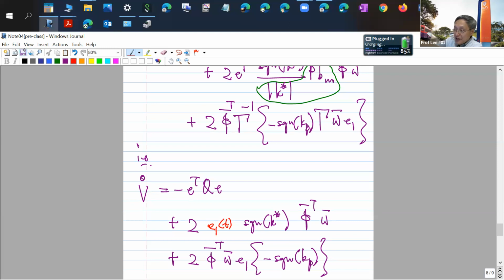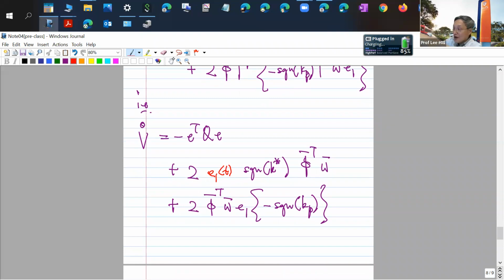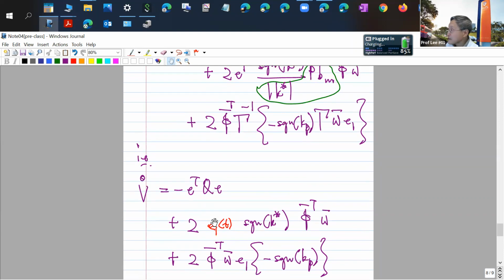And then because of the way that we have generated our adaptive law, remember this second part is from the adaptive law. This part is from phi bar dot of t, which is how we designed the adaptive law.